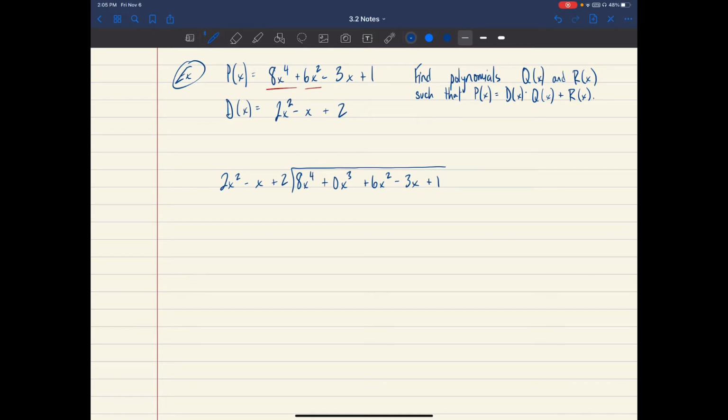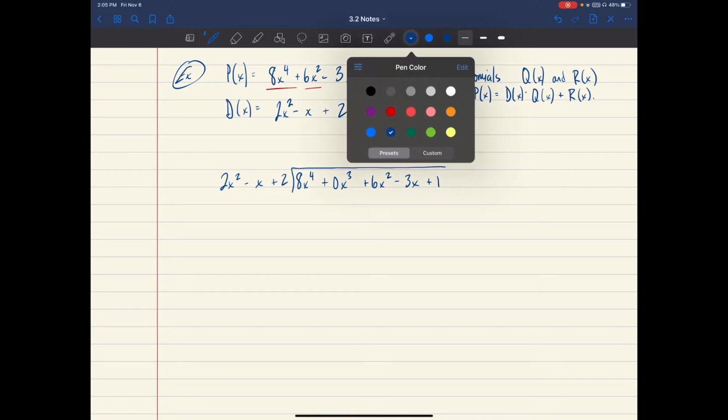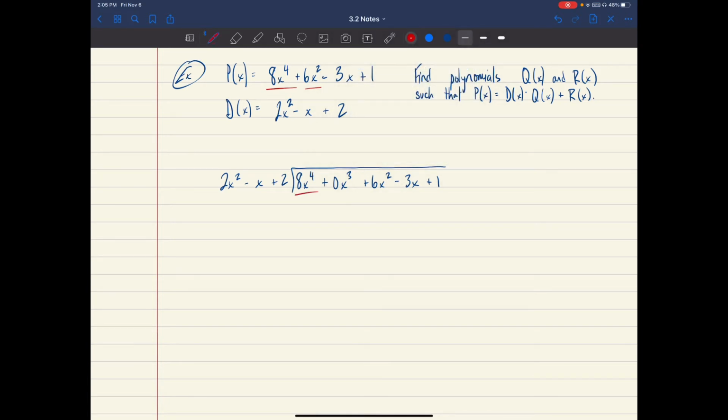The problem's a little bit more involved than the last one, but it's the same process over and over again. We take 8x to the fourth and divide it by this first term. That would be 4x squared.